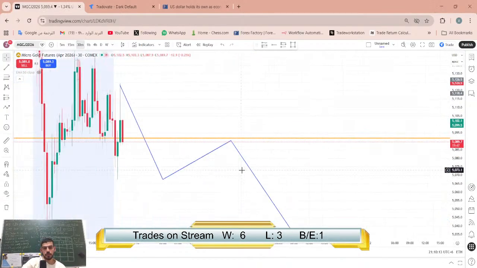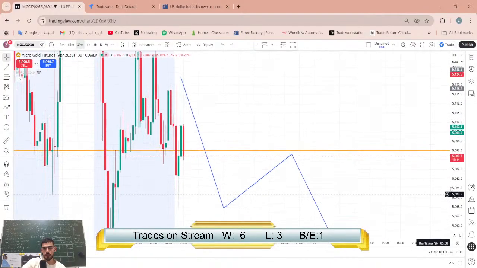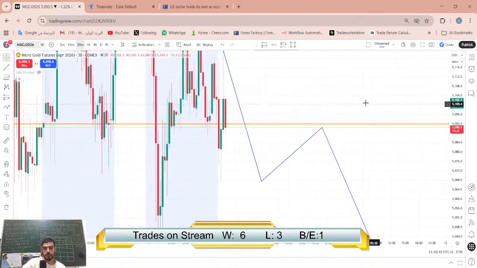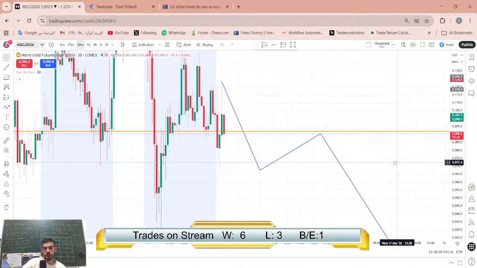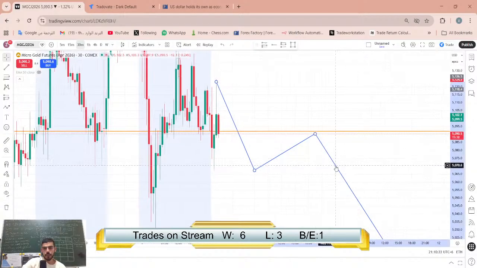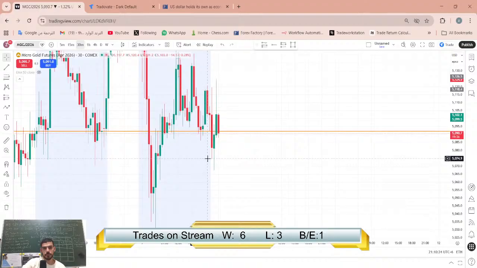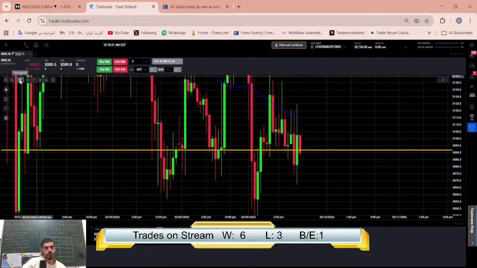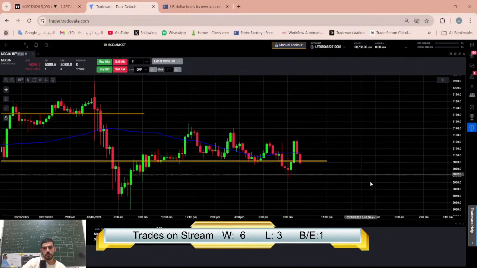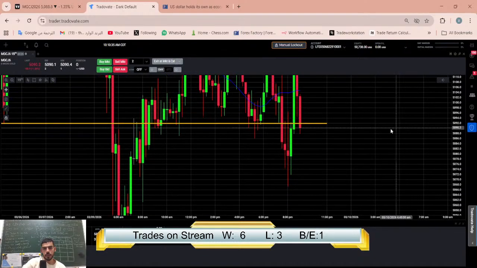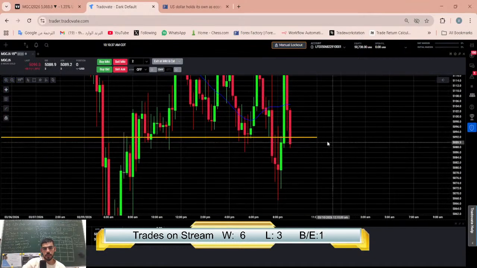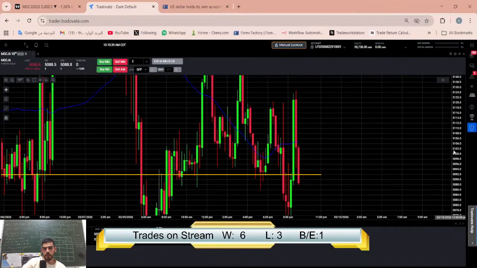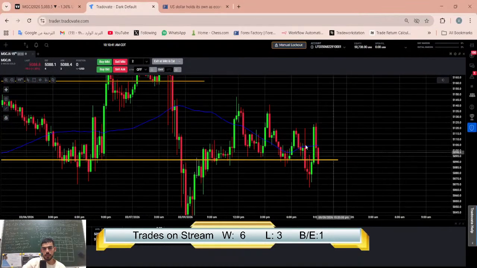It's looking good, to be honest with you. It's looking very good. It's looking better now, much better. Okay, so it's just breaking back. Oh, this was the retest, and it also grabbed liquidity from here.